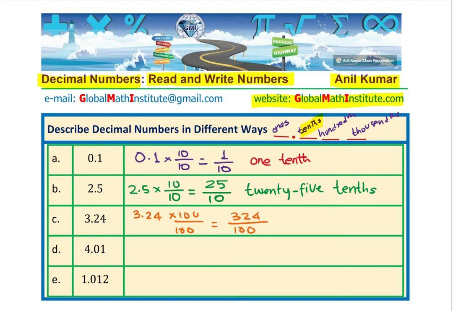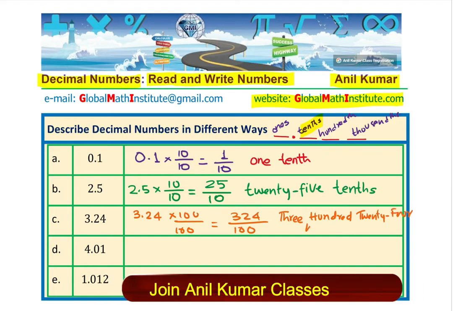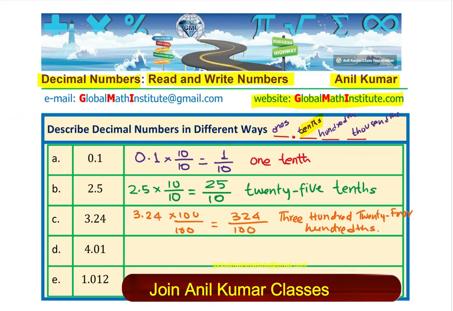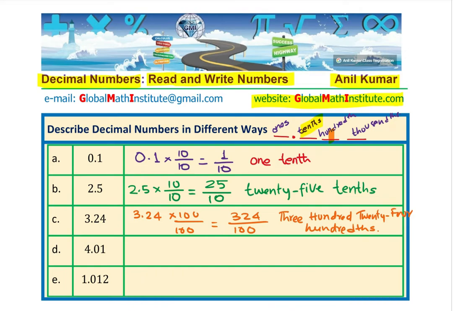Or this could be written as three hundred 24 hundredths. Do you understand? Because the number ends in the place value, which is hundredths, right? As you can see here. Does it make sense to you?